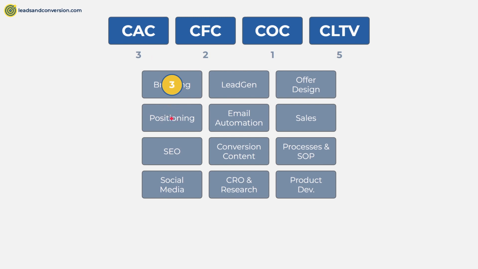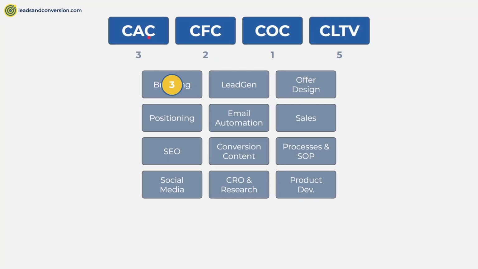Now positioning is a different story, because positioning actually helps us to decrease the customer acquisition cost, but also it helps us to change the fulfillment cost in the moment we switch positioning to a different type of offer. And also, by deciding what we want to sell, and this again is part of positioning, it can help us to change the customer lifetime value.